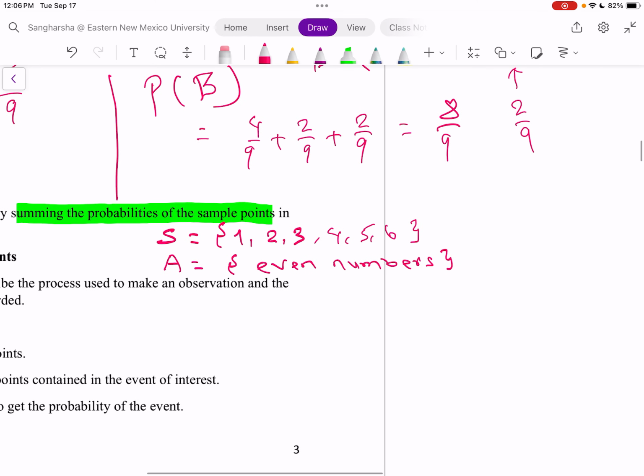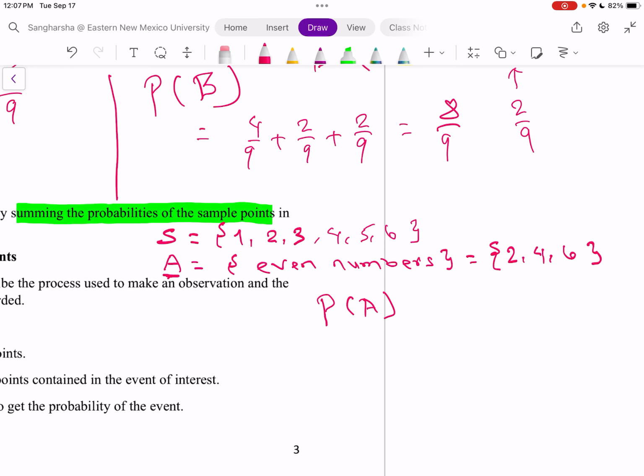If event A is the collection of even numbers, what will be the sample points for this event A? Our event A is the collection of the even numbers, so the sample points should be 2, 4, 6, right? These are the sample points for our event A. Now the probability of this event A is what we want.